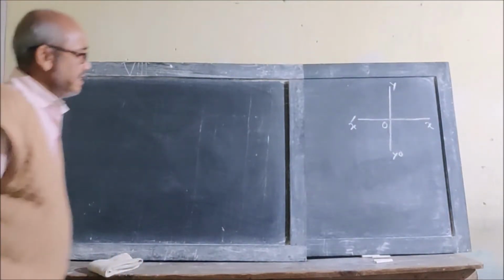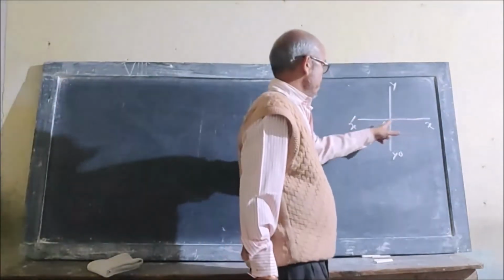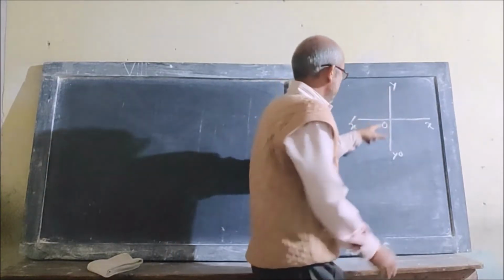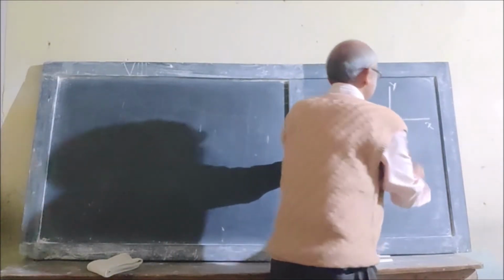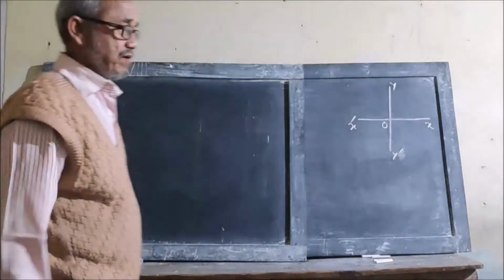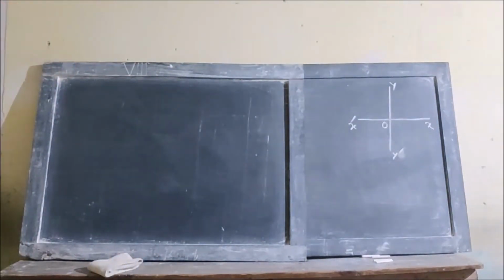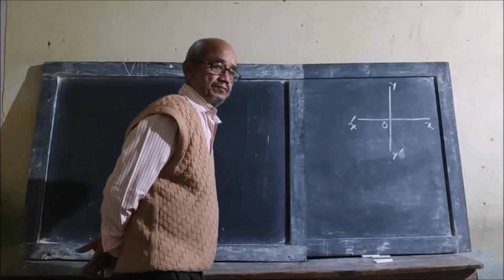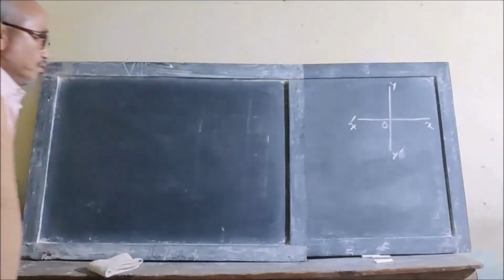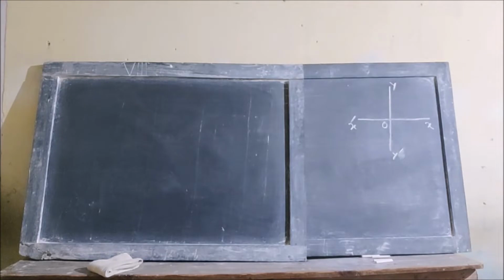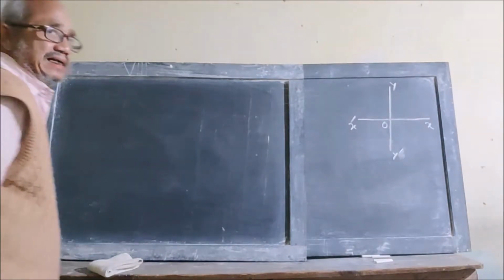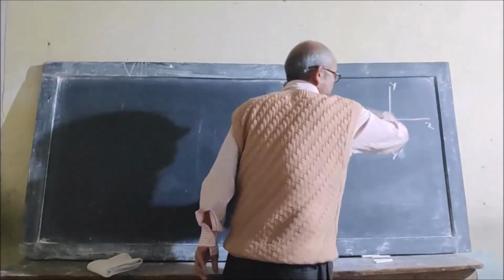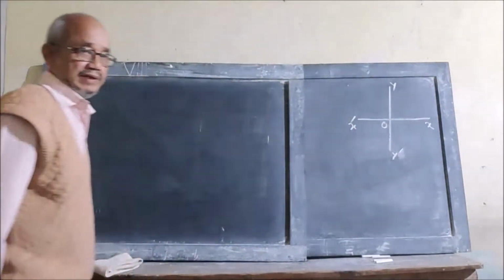Let XOX' and YOY' be two coordinate axes which divide the Euclidean plane.